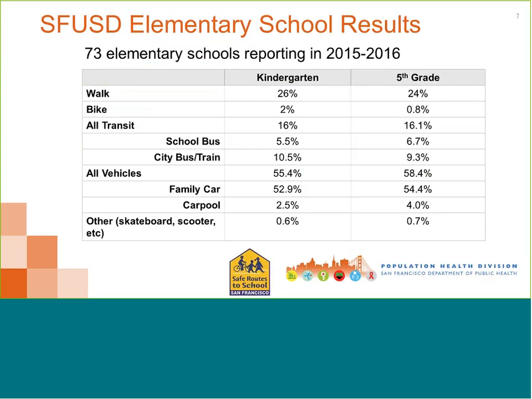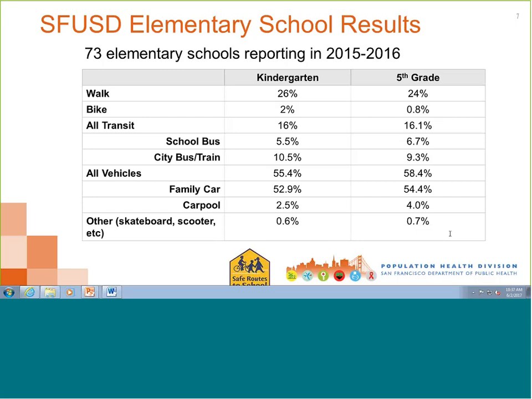Next slide, please. So these are the most recent results for our elementary school. We have 73 schools reporting, and as you can see, we have about a quarter of the student body that is walking. We have low percentages of the school bus because that had been eventually eliminated or redesigned and significantly reduced in the school district.